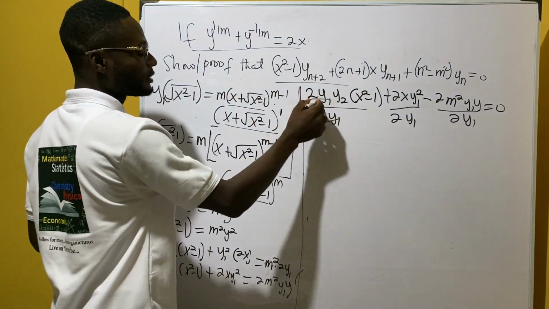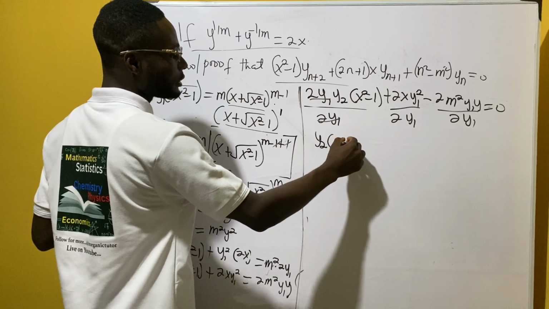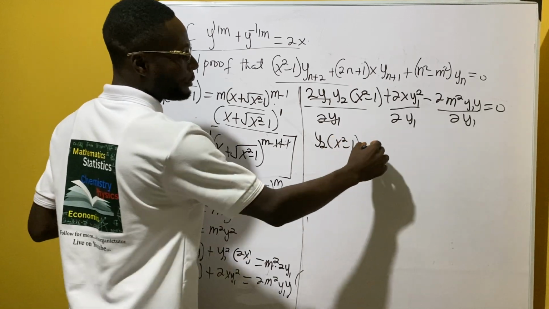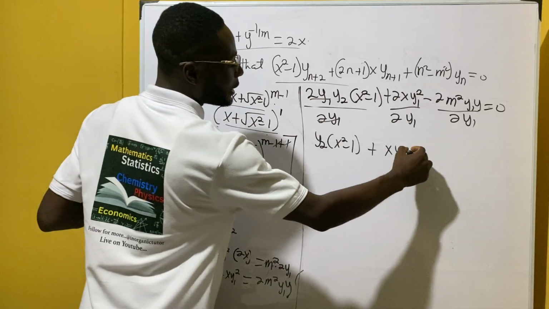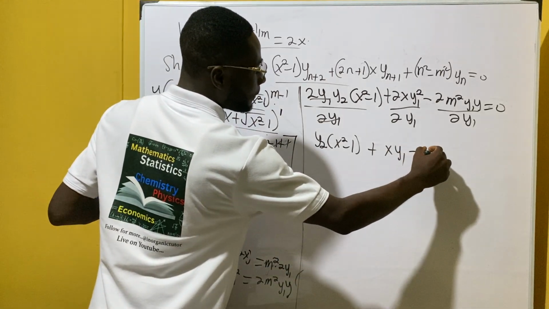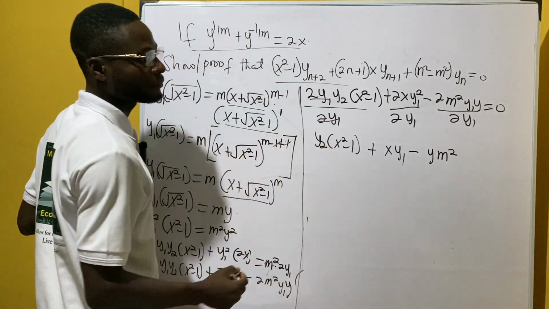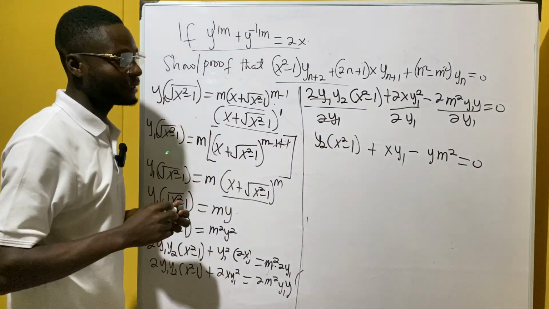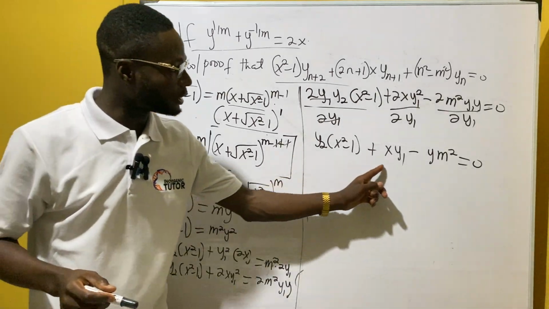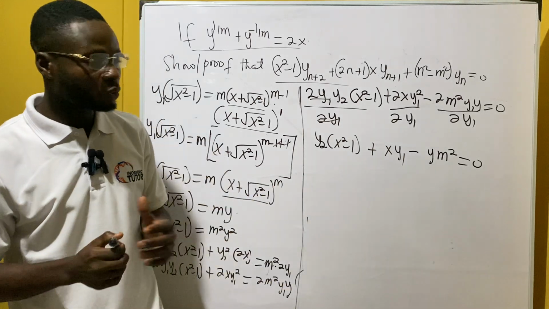This takes off the 2y1, and we are going to have y2 into (x squared minus 1) plus x y1 minus m squared y, and that should be equal to 0. This is the result after dividing through by 2y1.